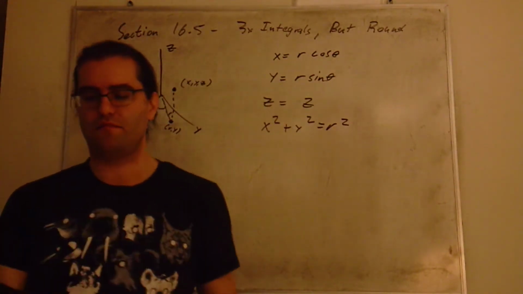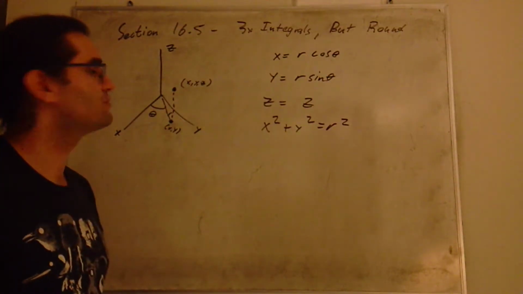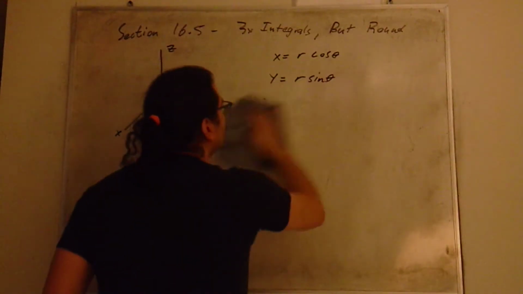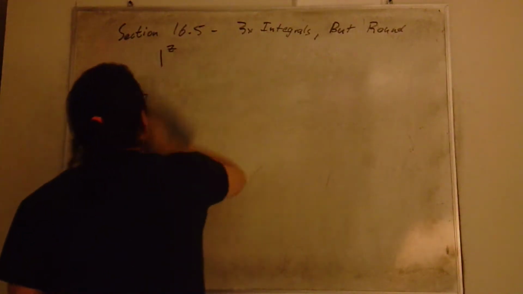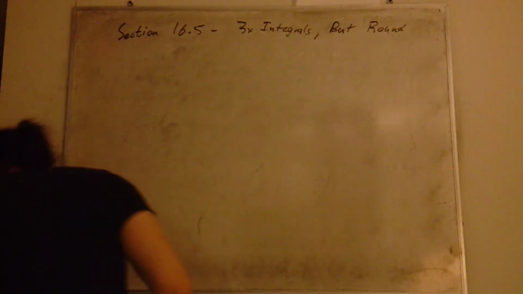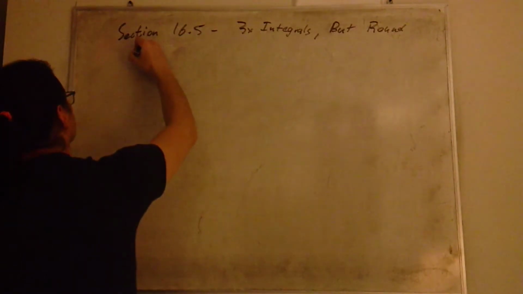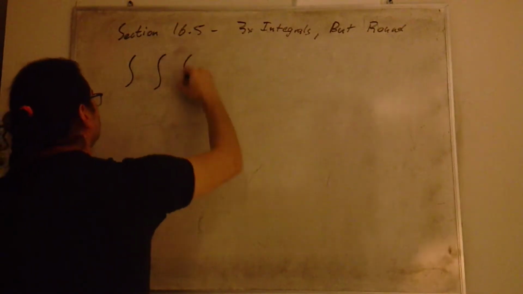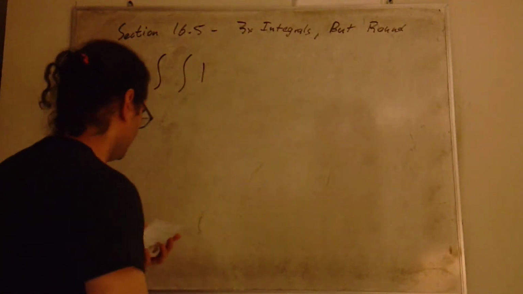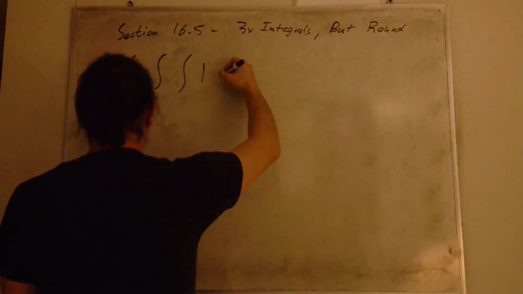With that in mind, I want to do a triple integral in cylindrical coordinates. So, I want to do the integral. I want this to be a volume, so I'm going to integrate the function 1. I want to integrate a cone.